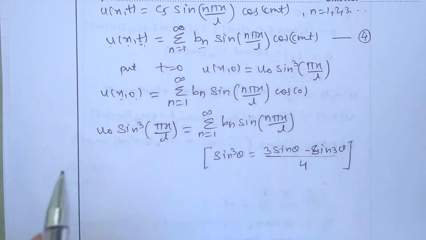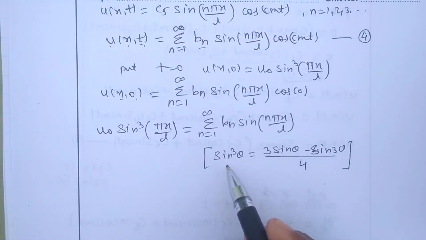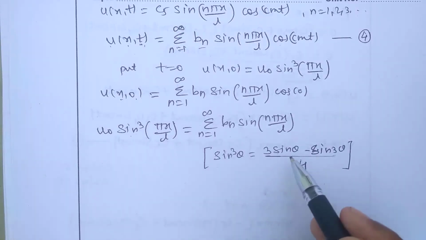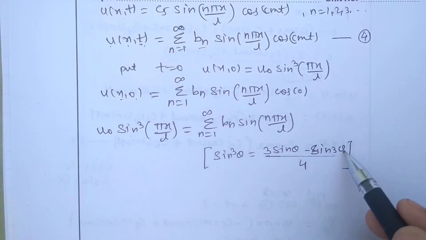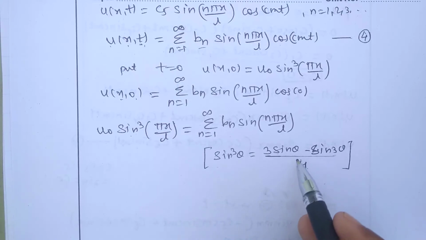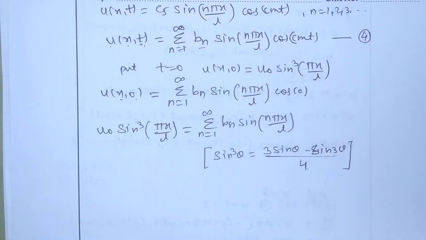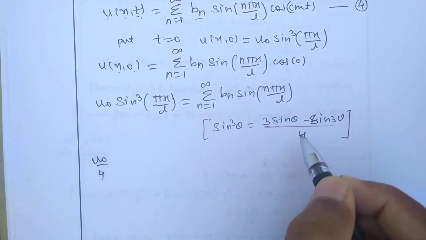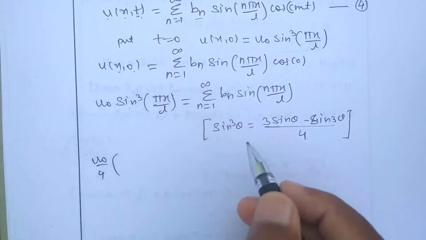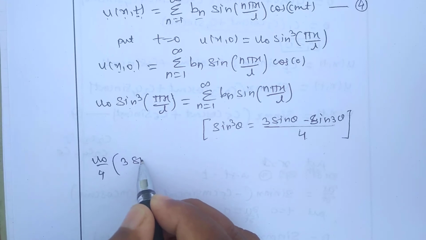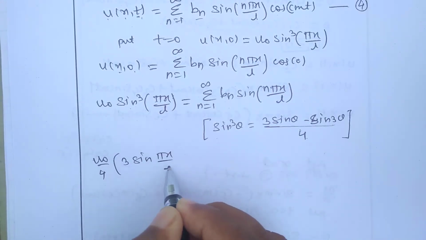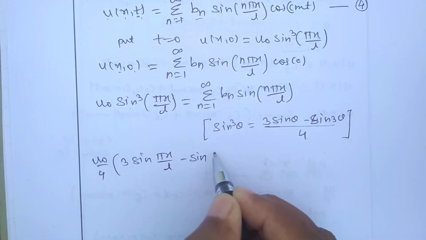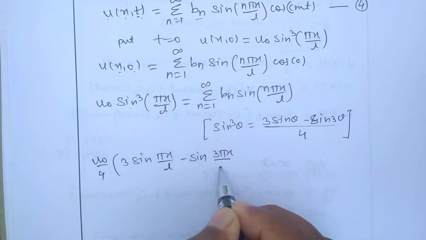So we adjust the formula for sine cube theta: sine cube theta is equal to 3 sine theta minus sine 3 theta upon 4. Put this formula here where theta is pi x upon l. So we will get u0 by 4, taking the 4 common, into 3 sine pi x by l minus sine 3 pi x by l.